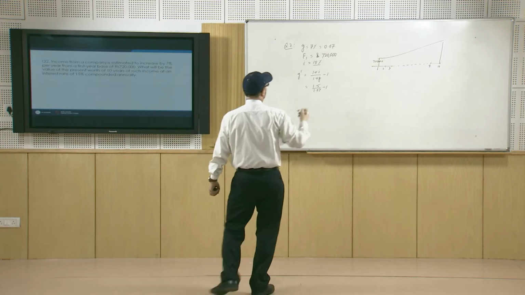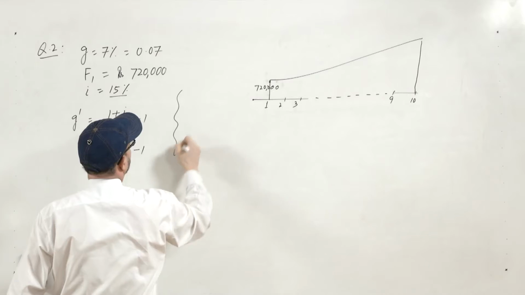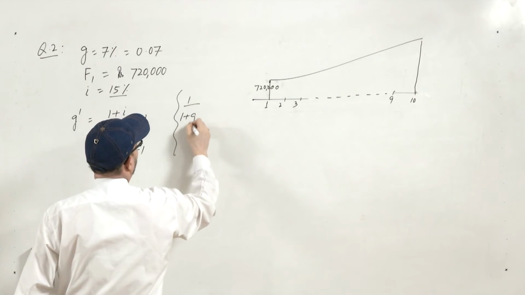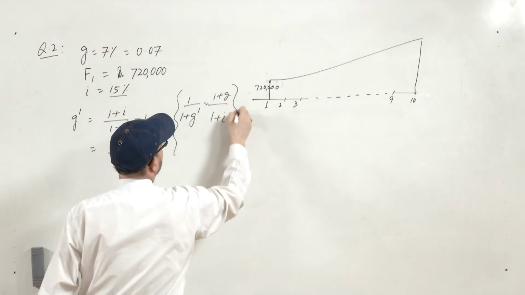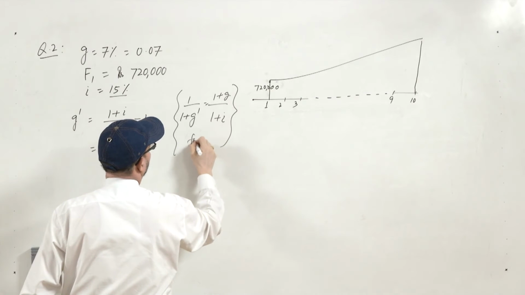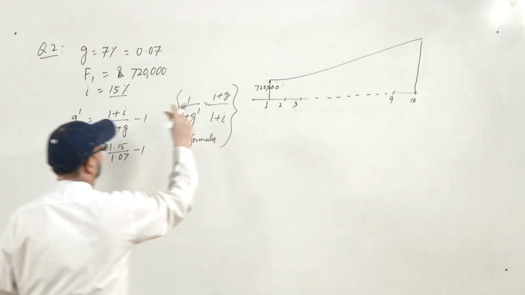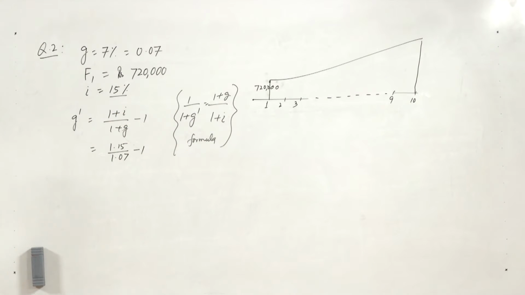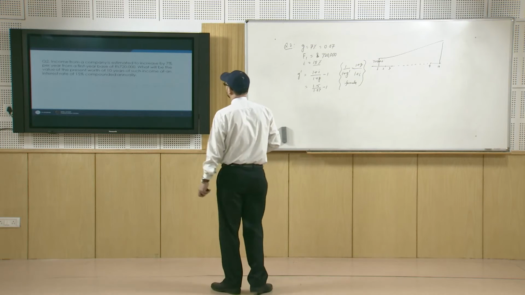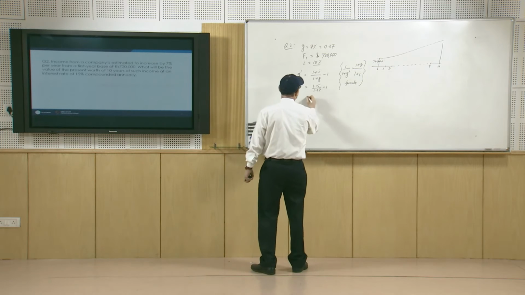Because we have seen the formula, 1 plus G prime is (1 plus I) upon (1 plus G). This is the formula. So, G prime can be calculated as (1 plus I) upon (1 plus G) minus 1, and this comes out to be 0.0748.